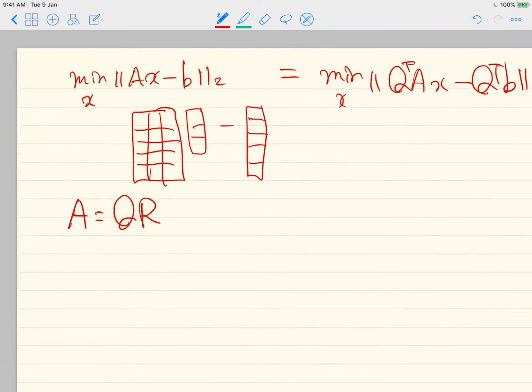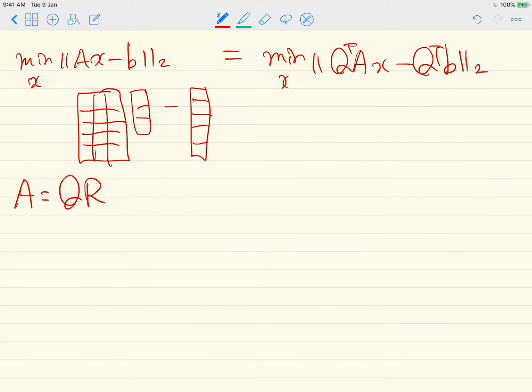So the main difference between the left and the right part is I just multiply the Q transpose on the left over here, right? And so between these two, the solutions are the same. Okay, and why is the solution the same?